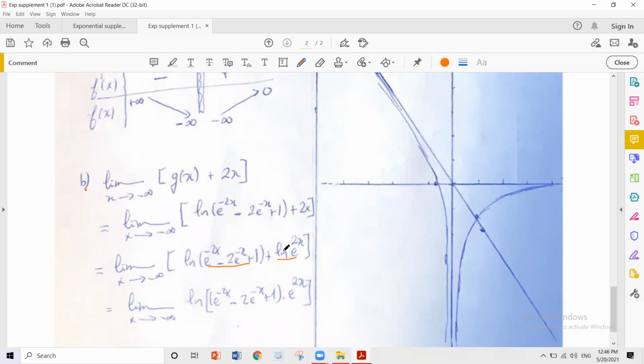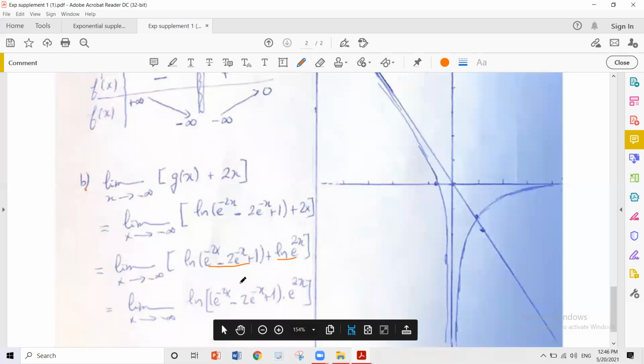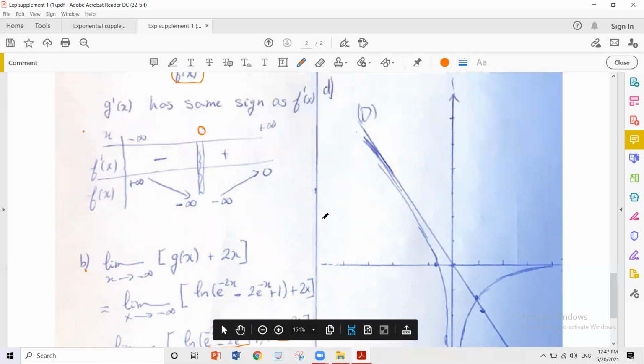Ln a plus ln b equals ln of a times b. It becomes ln of e to the minus 2x minus 2e to the minus x plus 1, times e to the power 2x. We multiply them.